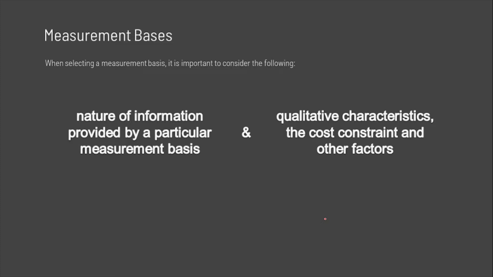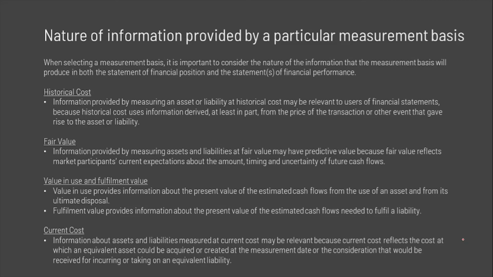When selecting a measurement basis, it is important to consider the following. First, the nature of information provided by a particular measurement basis, and the qualitative characteristics, the cost constraint, and other factors. Different measurement bases result in different information to be provided in the financial statements.